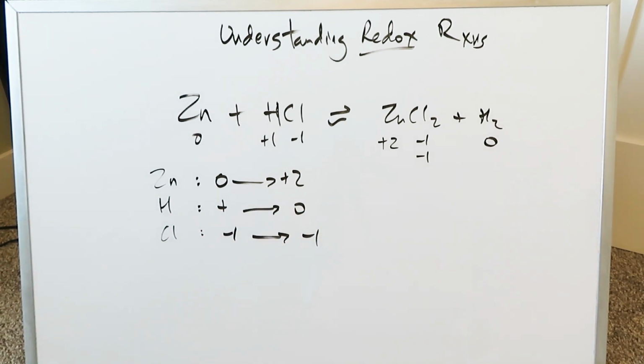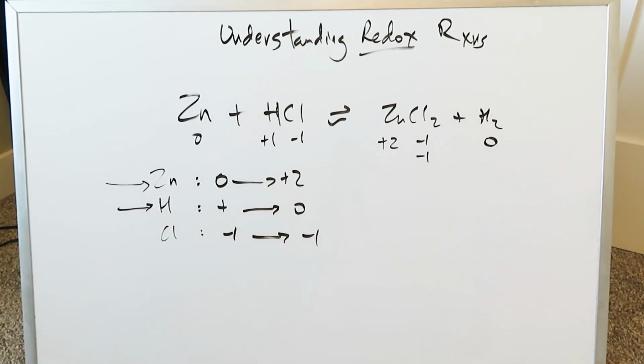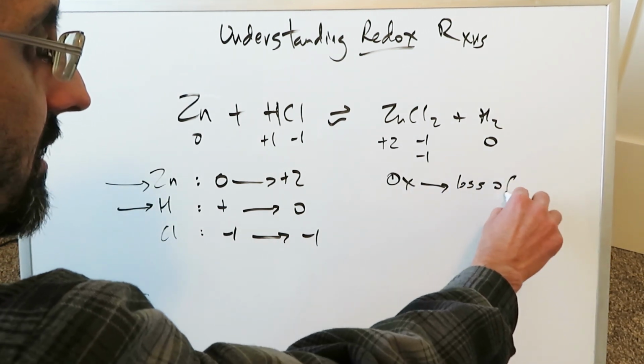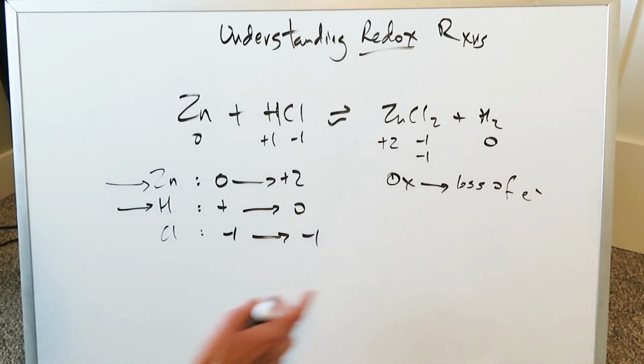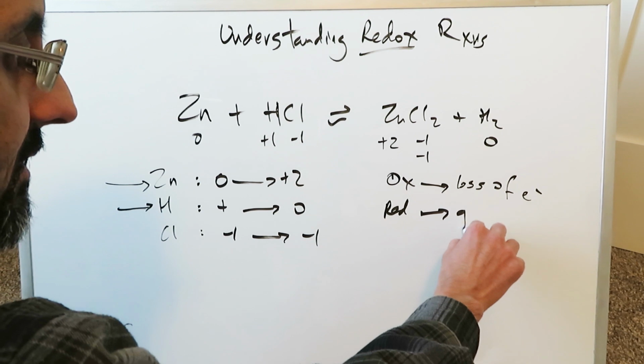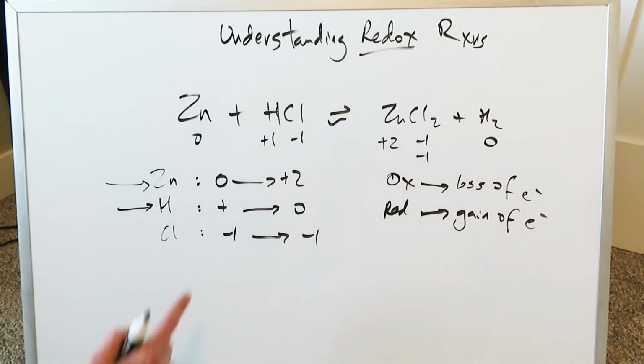Now which of these species demonstrates a change in its oxidation state? It's this and this. In which case do you see oxidation and in which case do you see reduction? Think about this. Oxidation is the loss of electrons, where the oxidation state has changed such that you have a loss of electrons. Reduction is a gain of electrons. Now in which of these species are you seeing a loss of electrons?